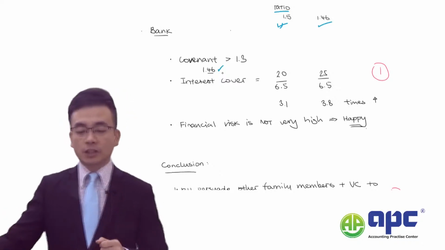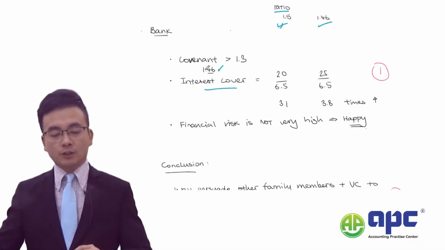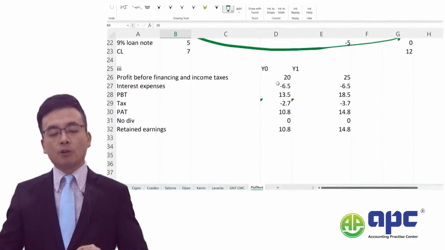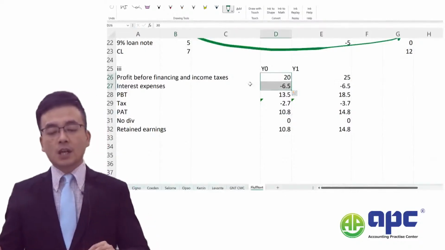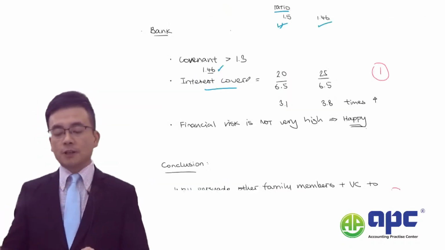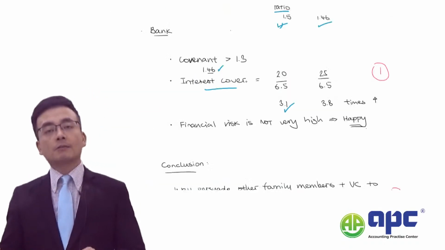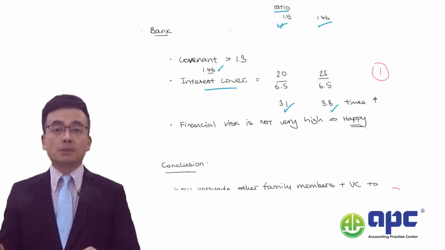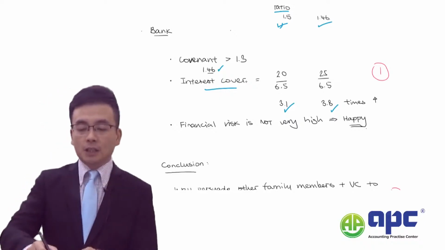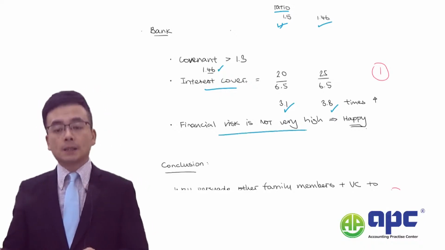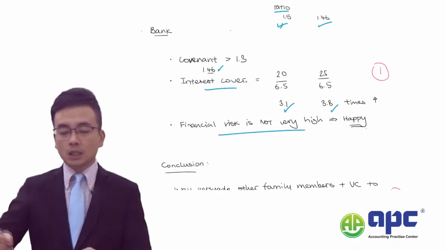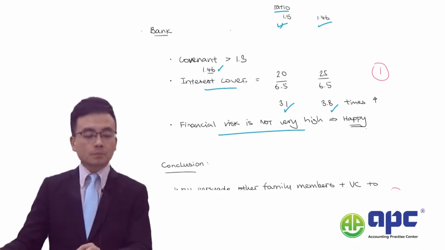Besides, if you calculate the interest cover ratio, it's well above 2 because you take the profit before financing income taxes over the interest expense, which is 3.1 for the first year and 3.8 for the second year. It seems that the profitability is improved and the financial risk is not very high because it's not breaching a covenant and interest cover is more than 2. The bank will be happy about that.